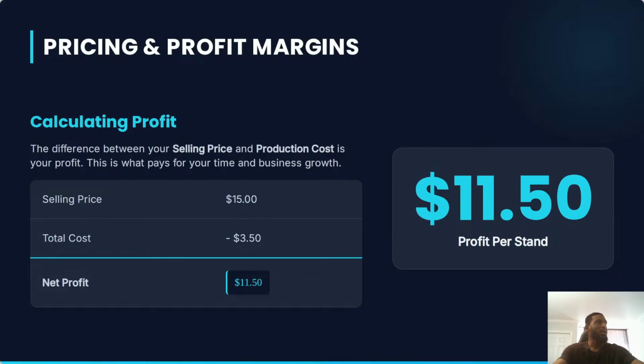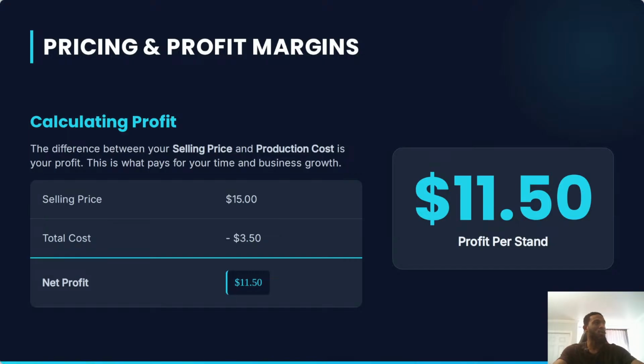Now, calculating the profits. This is where we talk about the selling price. In business, the cost of producing your product is how you determine how much you're going to sell it for. So the difference between your selling price and your production cost is your profit. This is what pays for your time and business growth.